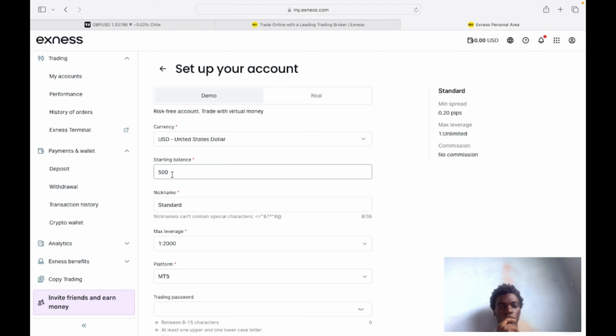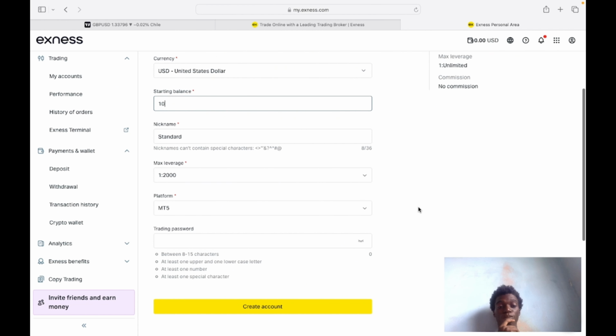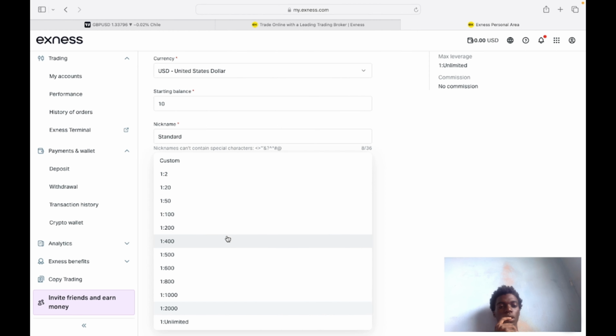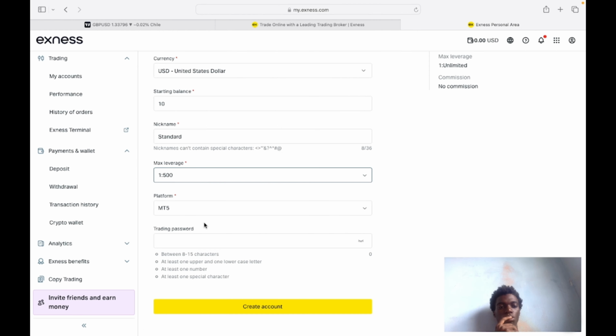Okay, currency USD, starting balance $10, because it has been my dream to grow $10 into $100 ever since I started trading. And the leverage we're going to use is 1 to 500, platform MT5.